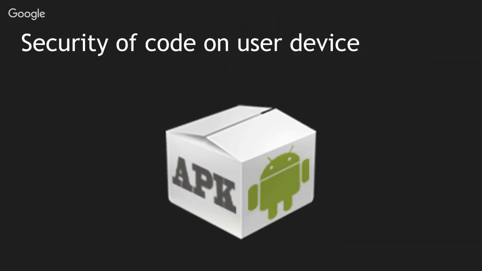So the basics. You have an APK, you deliver it to Google Play Store, the user downloads it, and then he gets access to all the contents of the APK file on his device. So he can easily browse through the code that you created.